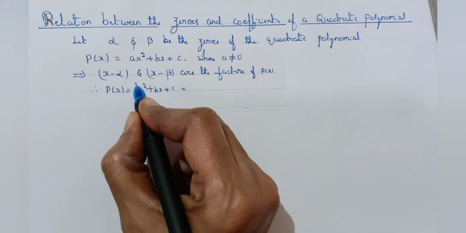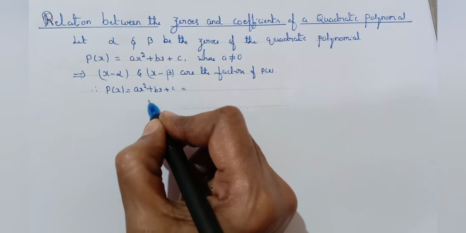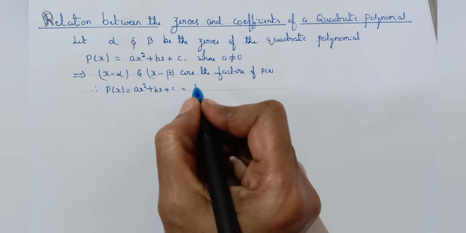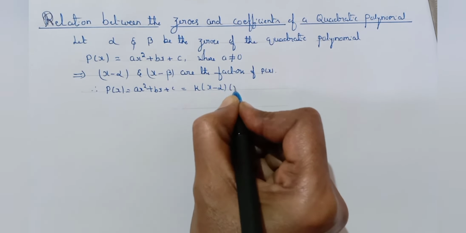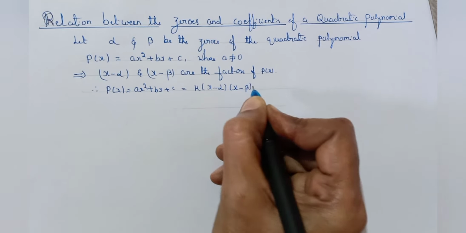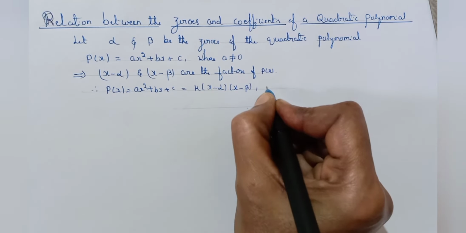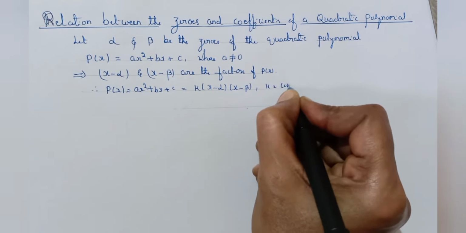Since x minus alpha and x minus beta are the factors of the polynomial, we can write k into x minus alpha into x minus beta. Here k is a constant.